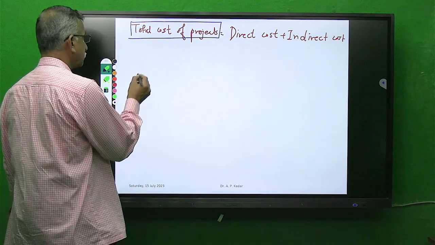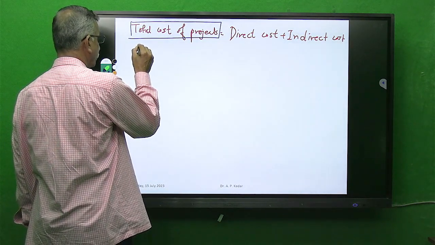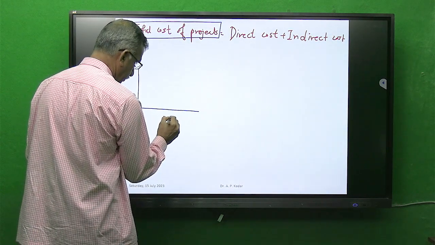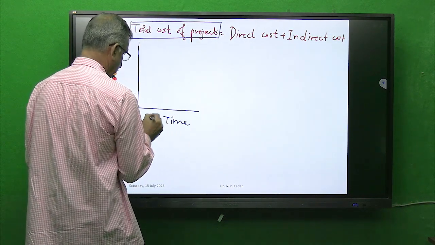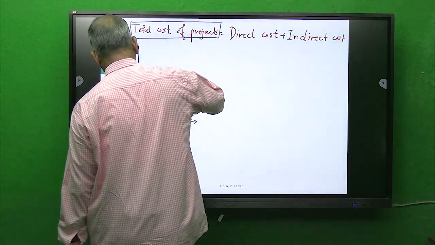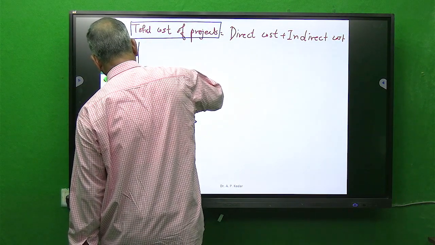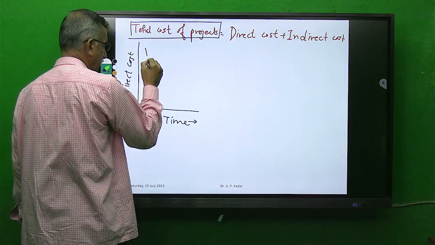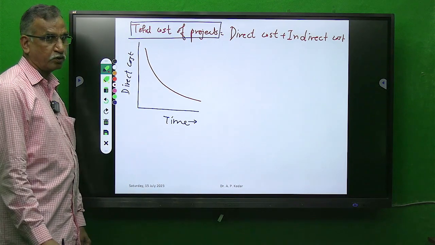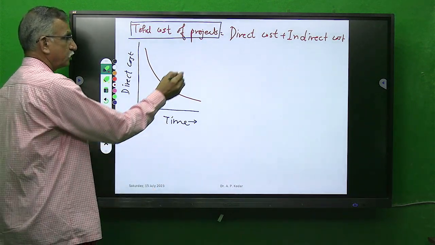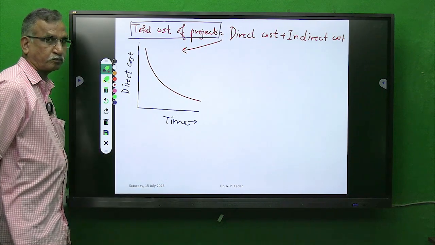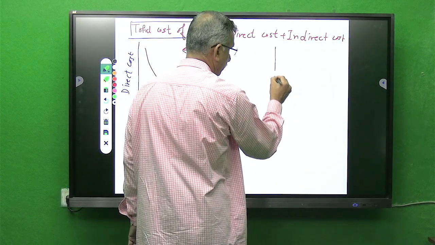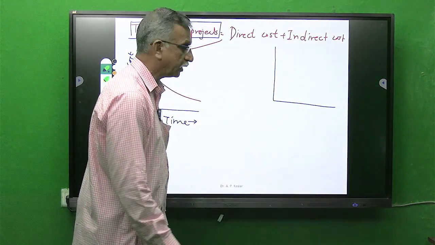Now we have just seen the behavior where here it was time and here it was direct cost. In the last slide we have seen the behavior like this. This is a very important aspect we are studying now. But any project will also consist of indirect cost.